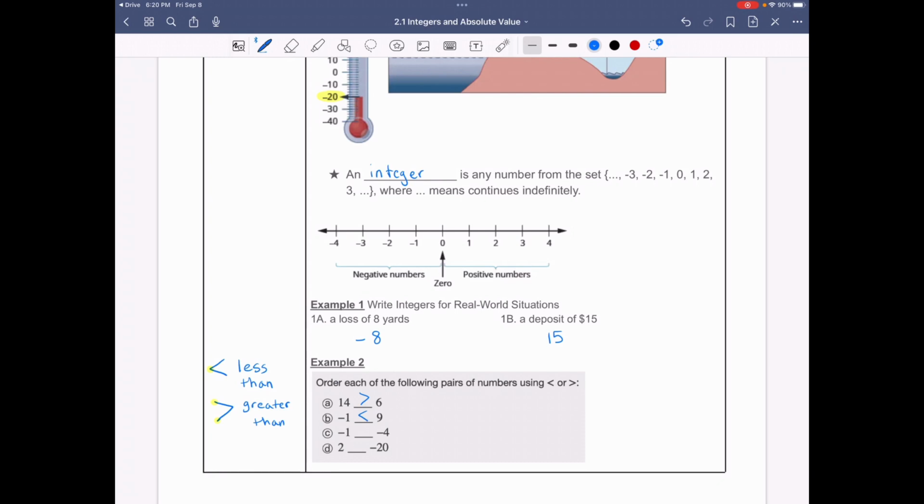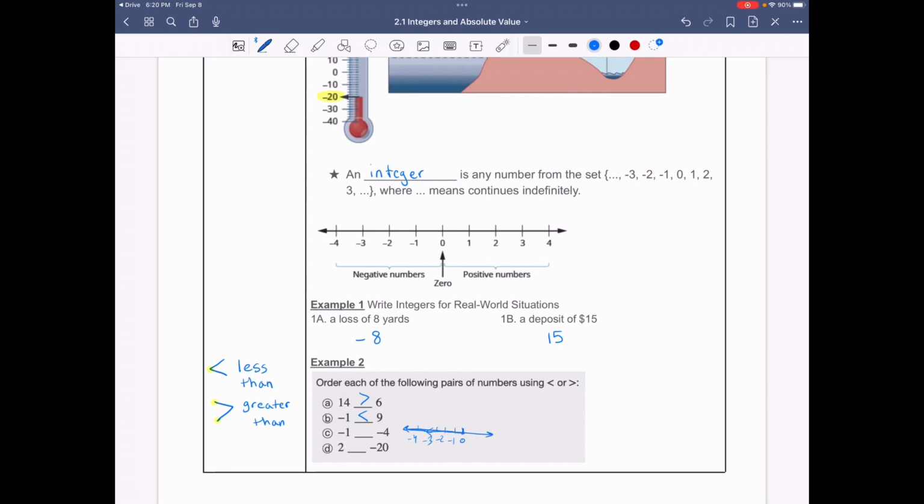Now, for negative 1 and negative 4, we have to think about the number line. Negative 1 is closer to the positive numbers than negative 4. So when I'm looking at the number line above, or I could just draw another one. Here's 0. Here's negative 1, negative 2, negative 3, and negative 4. So it kind of goes past that.